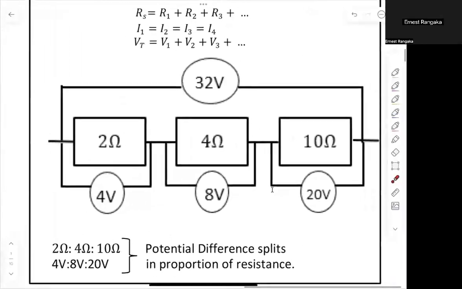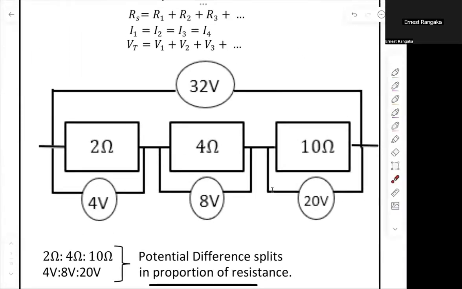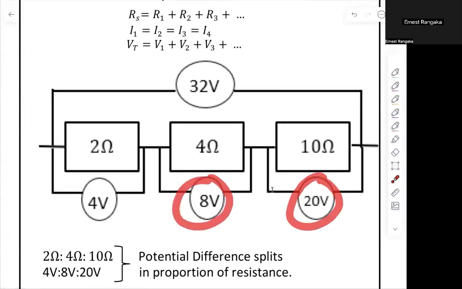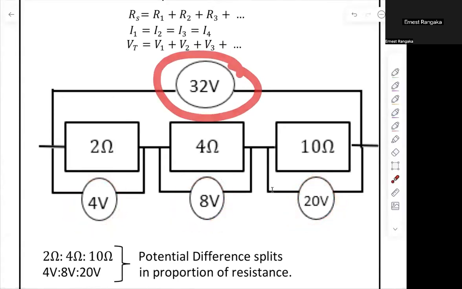So let's look at a scenario like this, right? In a series circuit, the sum of the potential differences of anything in your circuit has to add up to whatever potential difference you're going to have across the entire thing. So if, let's say, this is going to be our V external, because this is connected to a battery, this is going to be the same as our V external.